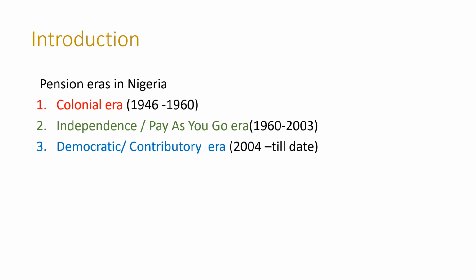Then the next era is known as the pay-as-you-go era, which dates from 1960 to 2004. This era saw the introduction of a scheme known as the National Provident Fund.